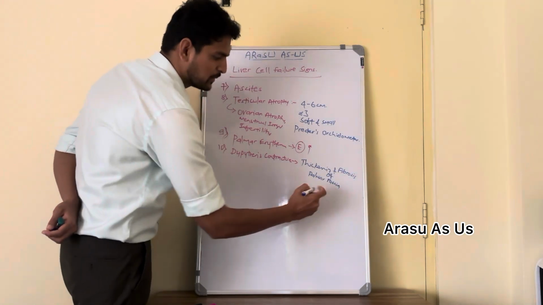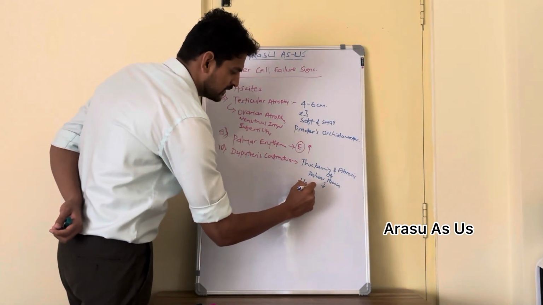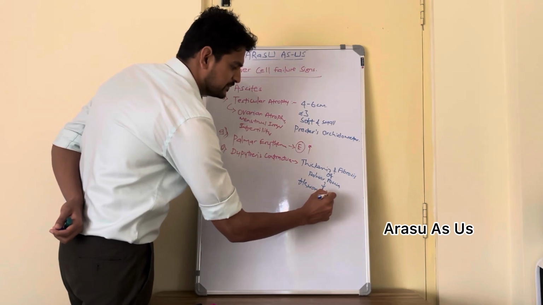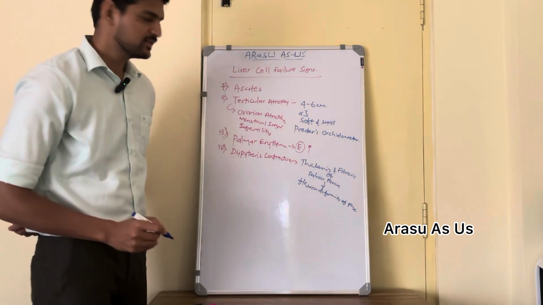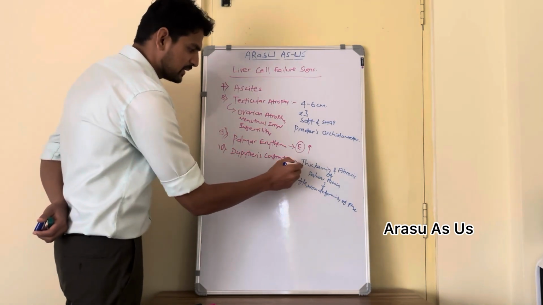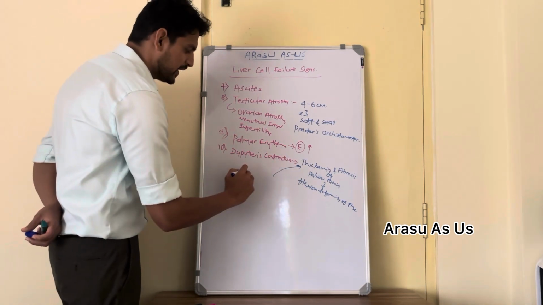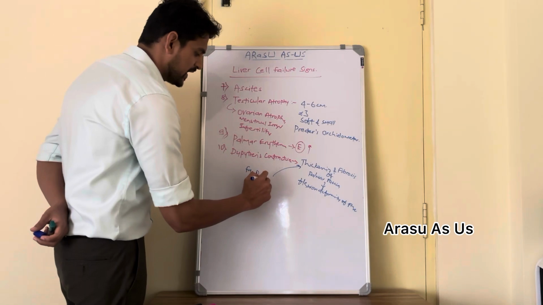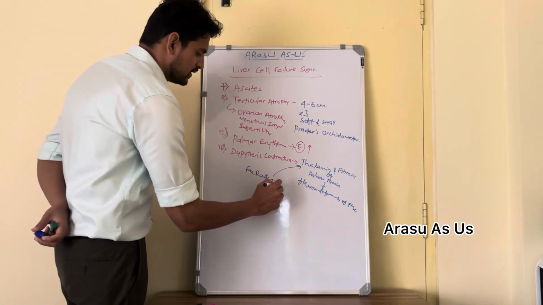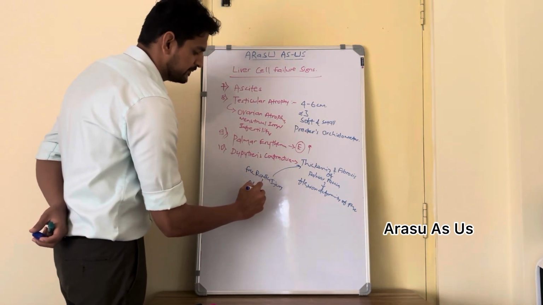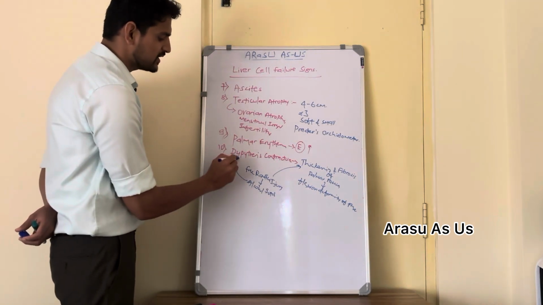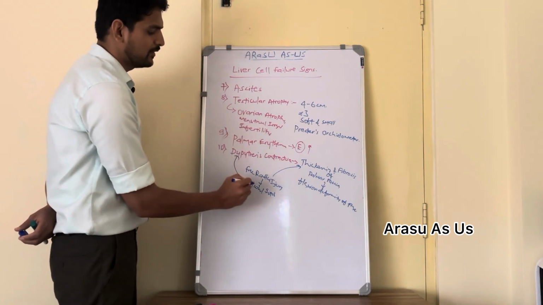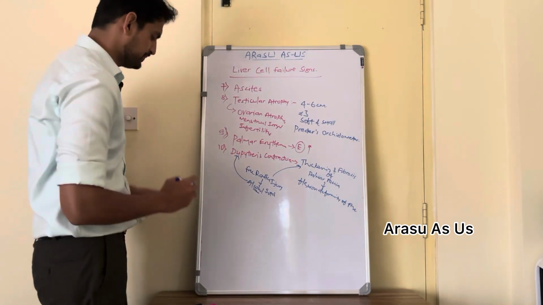So when it is thickened and fibrosed, it will lead to flexion deformity of fingers. That is nothing but Dupuytren's contracture. And this thickening and fibrosis is mainly because of free radical injury due to alcohol intake. So we can consider Dupuytren's contracture as a more specific sign of alcohol related liver injury.